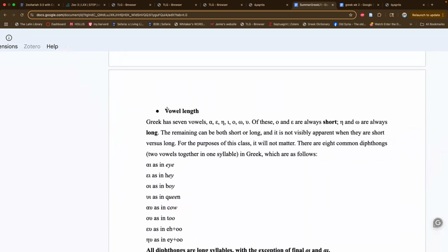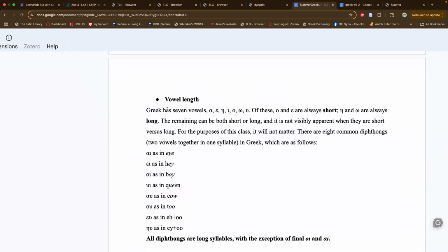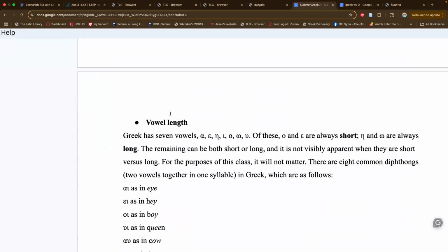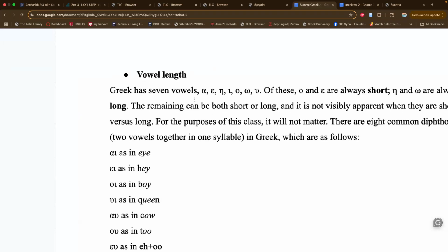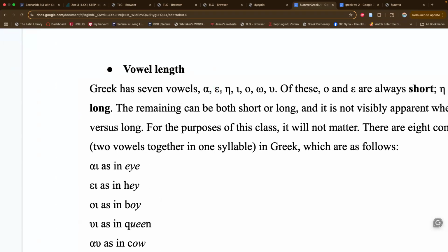So we have vowel length. Greek has 7 vowels. Unlike English, where any vowel can be either short or long, there are some that are always long and some that are always short. The ones that are always long versus always short are the ones that have distinct forms. So for example, the epsilon and the eta are both an e sound, but one is short and one is long.